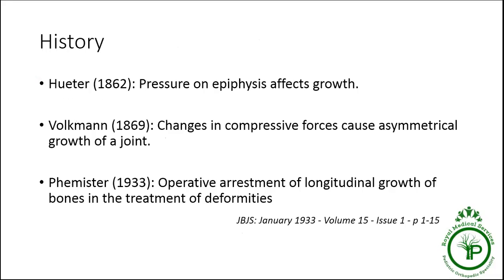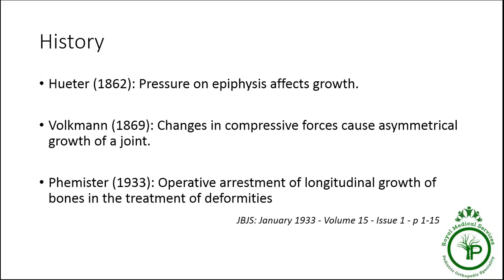A little bit about the history. Hueter in 1862 reported that pressure on the epiphysis affects growth. A few years after that, Volkmann noticed that changes in compressive forces caused asymmetrical growth of a joint.